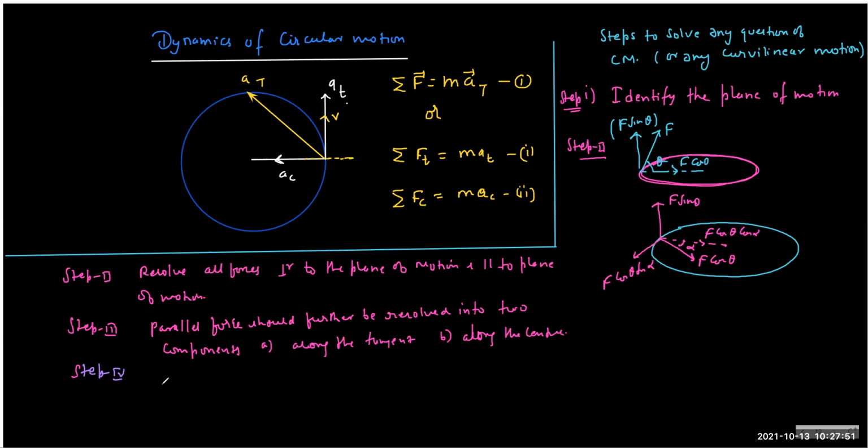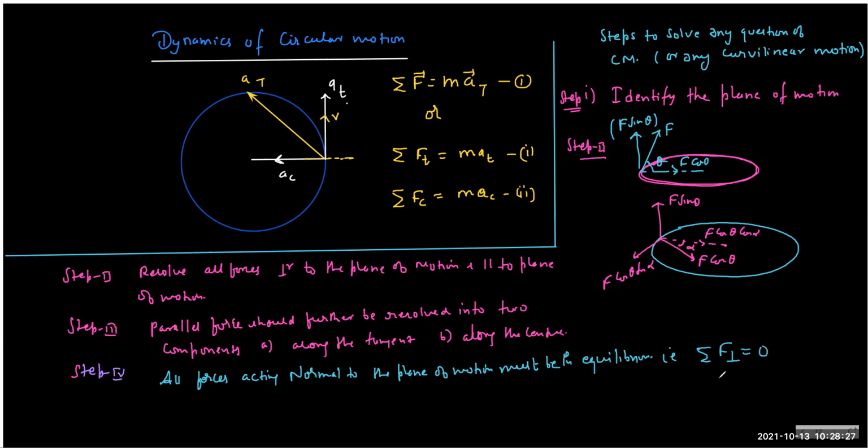All forces in the perpendicular direction, that is, normal to the plane, all forces acting normal to the plane of motion must be in equilibrium. That is, the summation of all normal forces must add up to zero. So that is the only step.